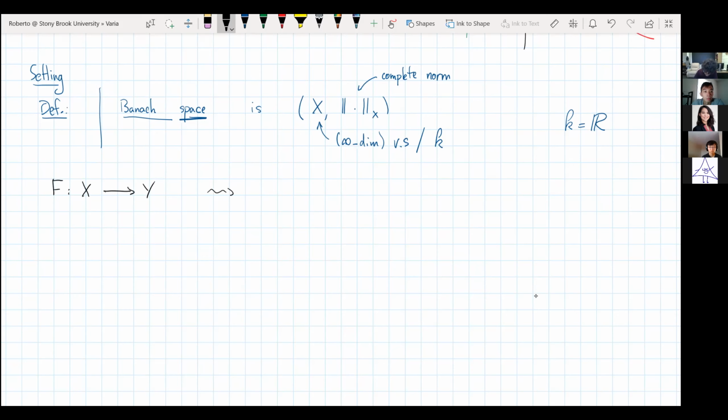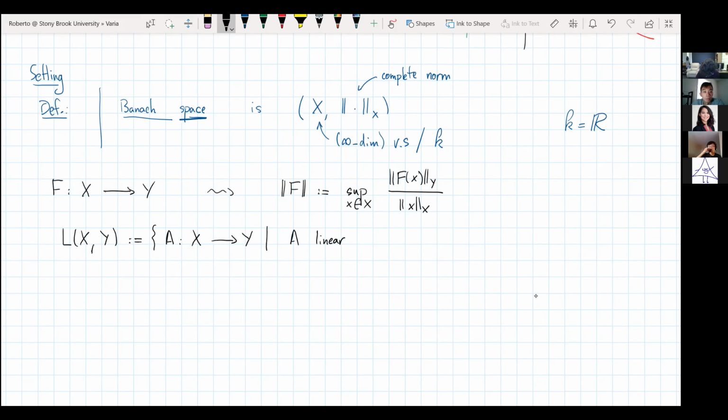To this function, we can associate a norm, even if, well, we still don't know what the space of functions is, so we cannot really call it a norm, but we can associate a number, which is defined as the supremum over all x in X of the norm of f of x in Y over the norm of x in X. And then we can look at the space of linear functionals from X to Y. So A is linear, and we also ask that the norm is bounded.